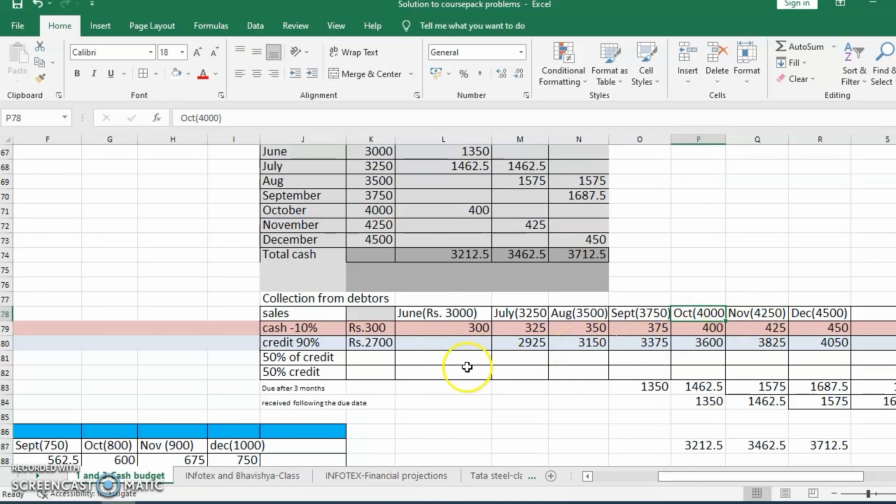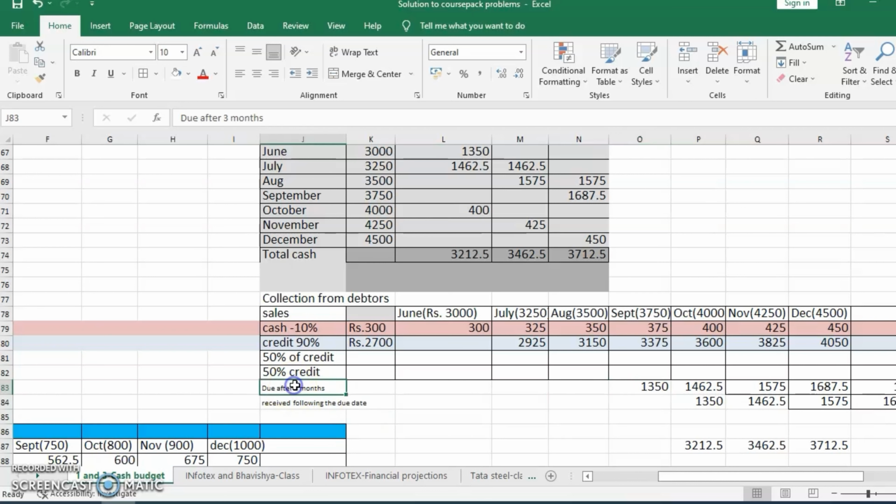For instance, in June, you have sold to the extent of 3,000 rupees. 10% of that is cash sales, so that is 300. 90% of that is 2,700. Now, 50% of this 2,700 shall be received by you after 3 months. So June, July, August, September. You're going to receive that in the month of September. So 2,700 divided by 2, you're getting 1,350.